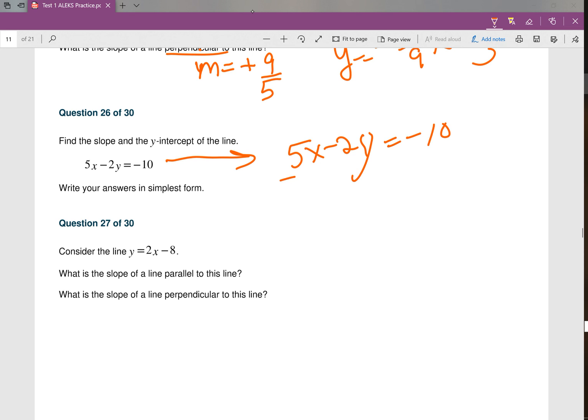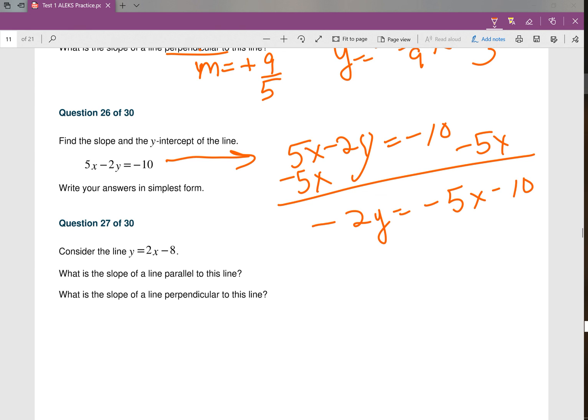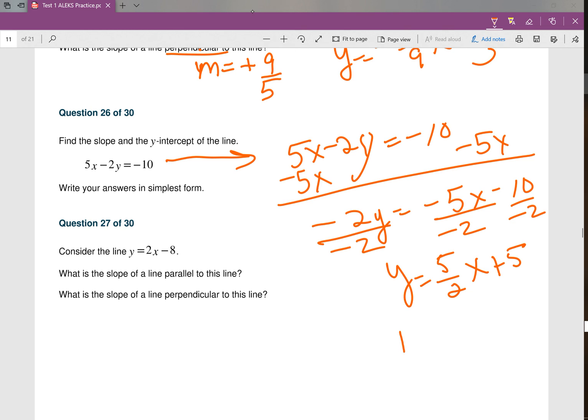I'm going to subtract 5x on both sides, and I'm left with negative 2y is equal to negative 5x minus 10, and I'm going to divide by negative 2 here, here, and here. So this becomes y equals 5/2 x plus 5. So your slope is 5/2, and your intercept is simply (0, 5).